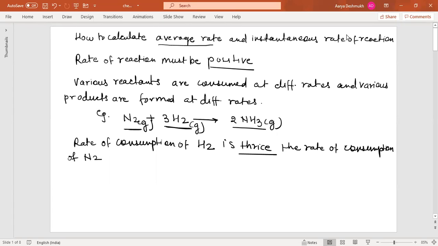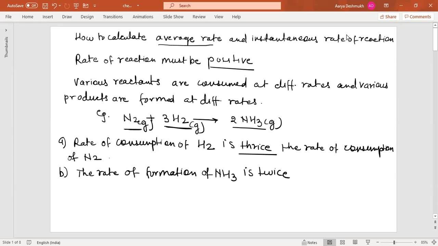Rate of consumption of N2, that is nitrogen. This is one point. Second thing you can write by looking at this reaction, the rate of formation. Whenever you talk about a chemical reaction, some amount is consumed and some amount of the product will be formed. So the rate of formation of ammonia is twice.